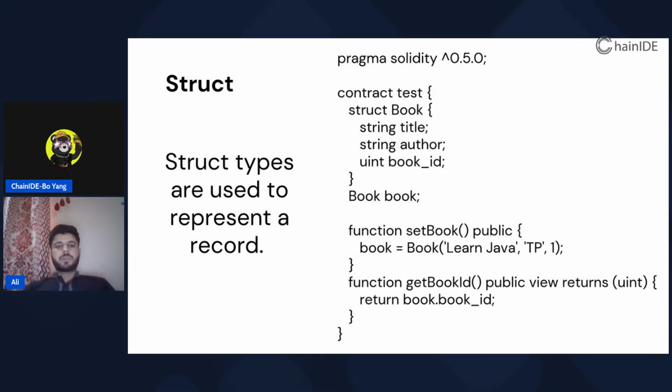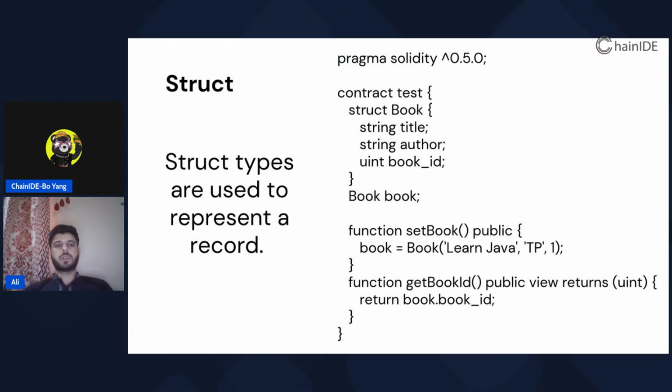Solidity supports structures, like the C++ or C# programming languages. A structure is used to represent a record. For example, if we want to store the record of a book, we will use some features of a book, like book name, book title, book author name.